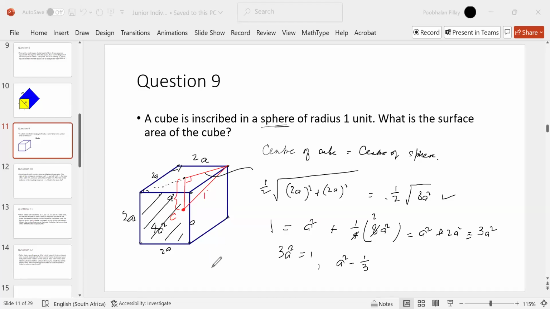So we are looking for 6 times 4A squared, which is 24A squared. Right? And we just saw that A squared is 1/3. So 24 times 1/3 is 8. So the answer to this question is 8. The surface area of this cube is 8.